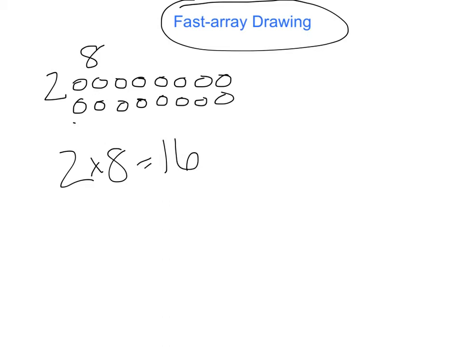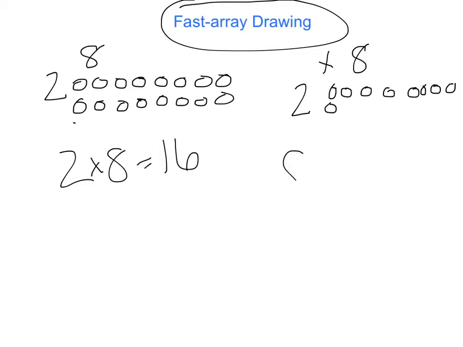Well, with a fast array drawing, instead of filling out everything, because once we get into larger numbers, that's a lot of circles you have to do, you could really just do, if it's 2 times 8, 1, 2, 3, 4, 5, 6, 7, I'll put one right there, 8, and then here 1, 2. And so I'm not filling in the rest of it. I'm kind of imagining it. And I know when I see this that it's actually 2 times 8.